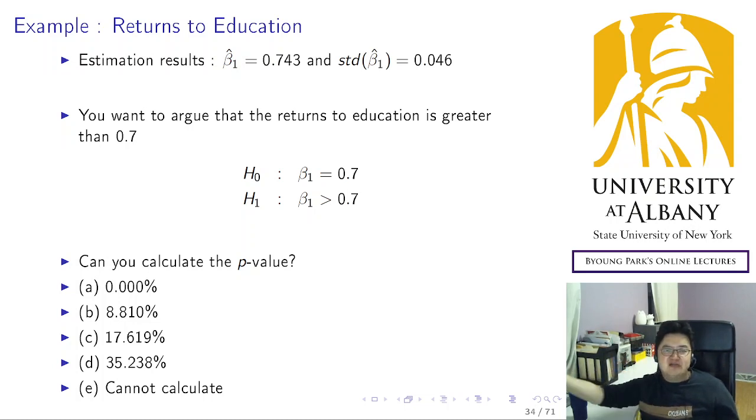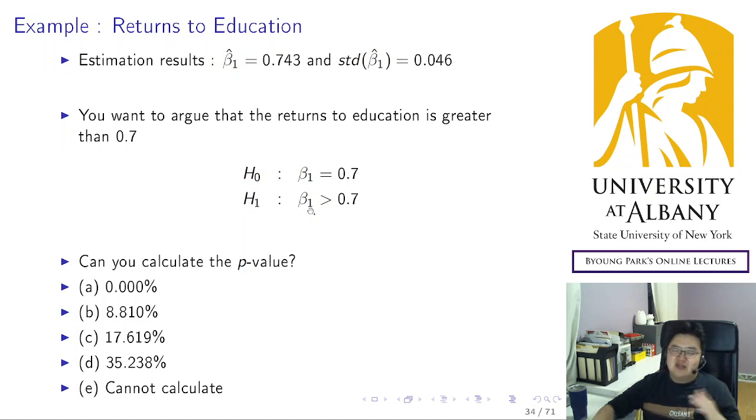But someone else is insisting that the effect of returns to education is strictly greater than $0.7 per hour. So lower than 0.7 is not a problem. You are arguing whether it is greater or not. So in this case, it's an upper tail test.